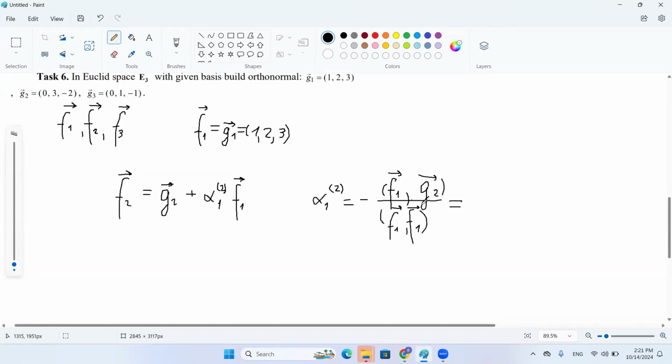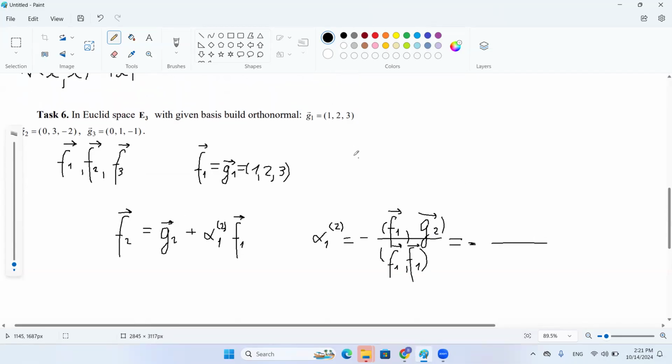And what we actually have. So f1 multiplied by g2. So it's the same as g1 by g2. So 0 plus 6 minus 6.